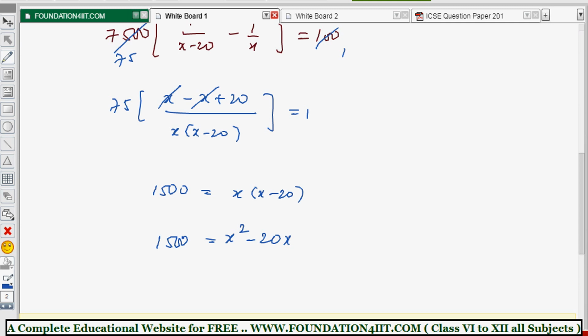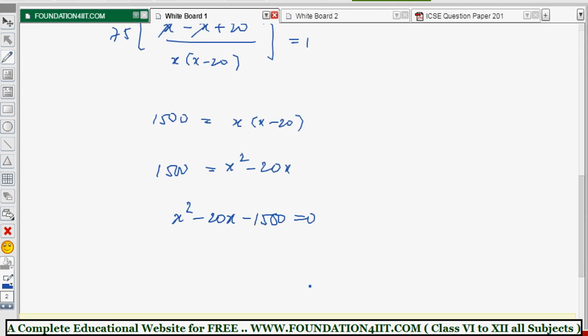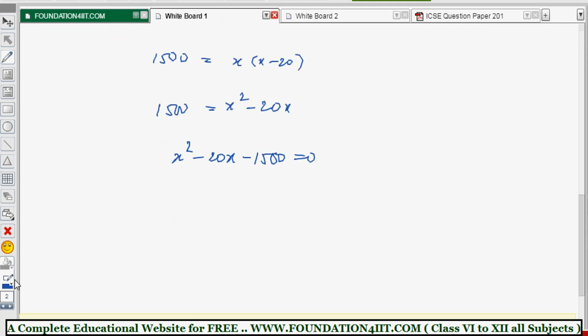To get the quadratic equation, we need to solve this. Take everything to the same side: x square minus 20x minus 1500 is equal to 0. We should split 1500. Minus 1500 is the constant. If you multiply, it gives minus 1500, and if you add, minus 20, that is minus 50 and plus 30.